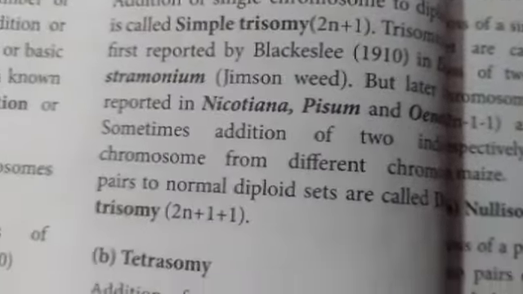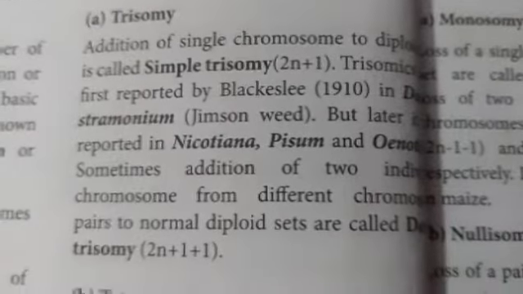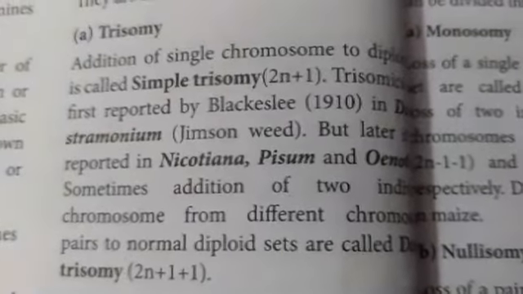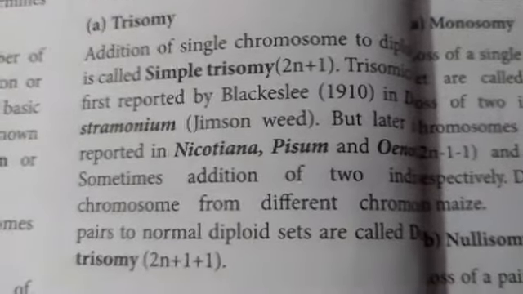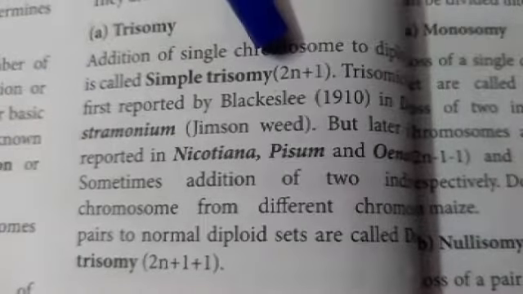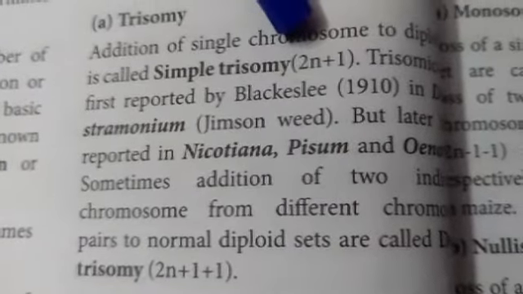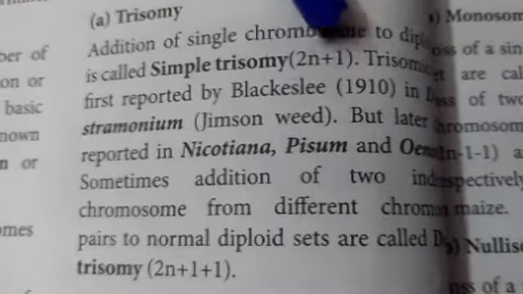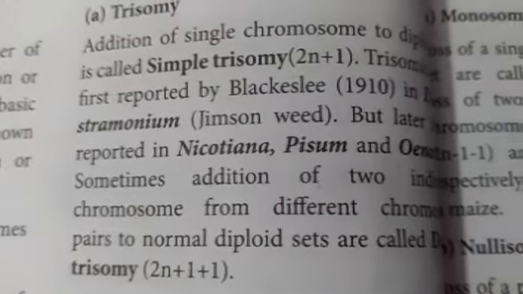In trisomy, the addition of a single chromosome to a diploid set is called simple trisomy. 2n represents the diploid set of chromosomes. To this diploid set, one chromosome is added, and it is called a simple trisomy.